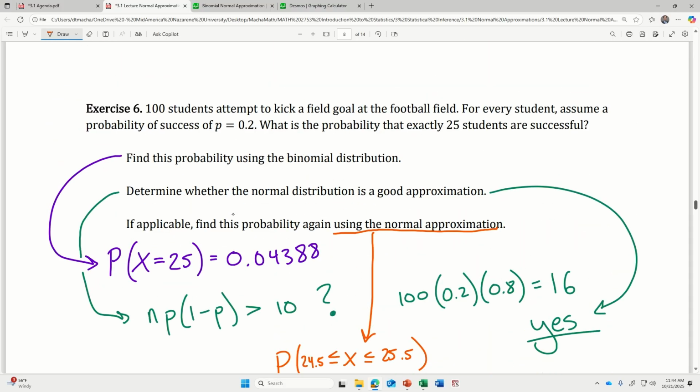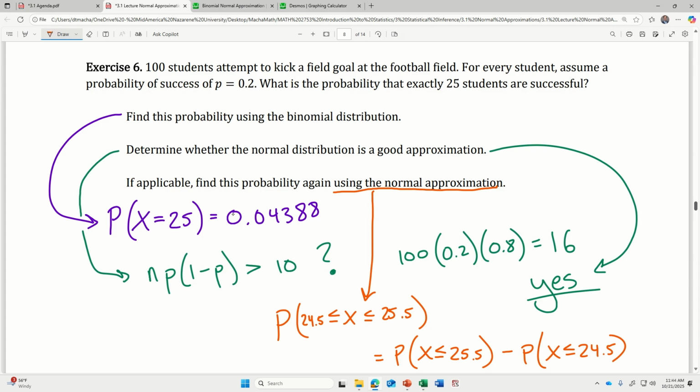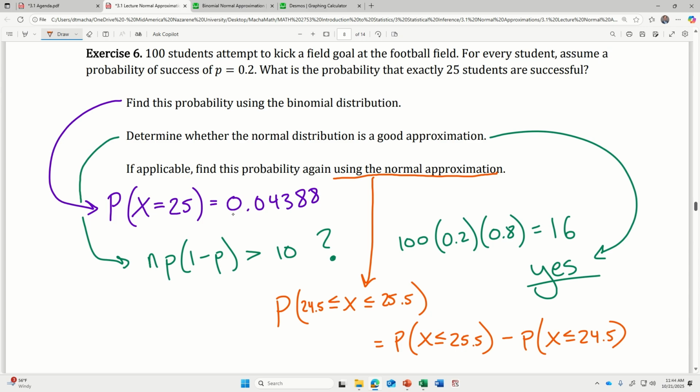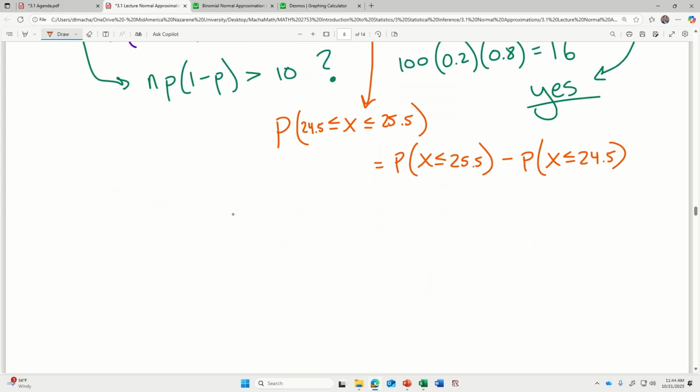So now we need the normal CDF, and we have tables for that. But the tables require a z-score. A z-score is what I get when I take the measurement minus the mean divided by the standard deviation.